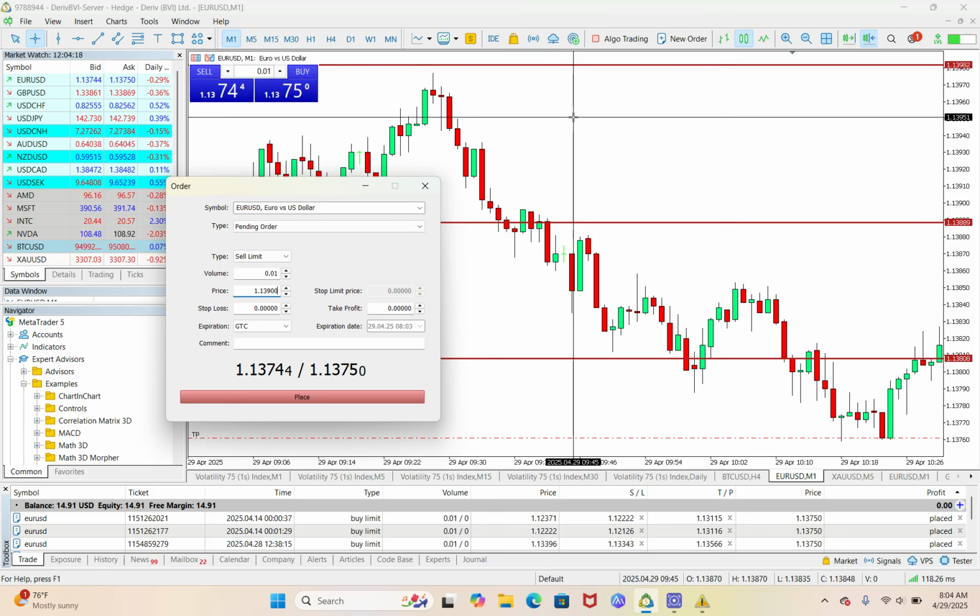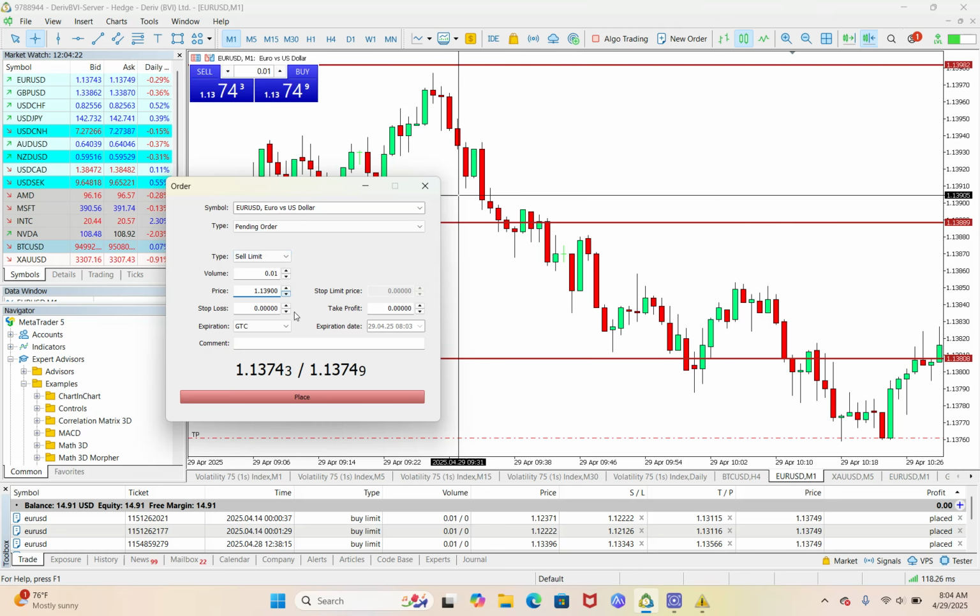We're gonna go 10 pips above that, which is gonna be 1.13961. Now take profit. This is going to be 61 pips, so a 1 to 3 risk to reward ratio. If we lose, we lose 1; if we win, the market should pay us 3 times what we are risking.